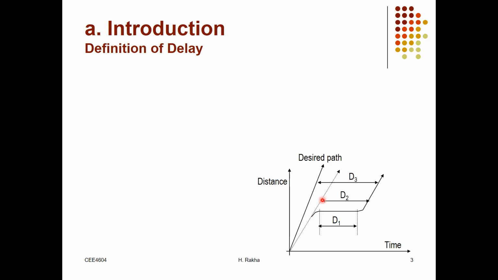But that is not the delay that we're going to be referring to. The delay is going to be D3, which includes the time caused by the traffic signal and the extra time caused by the vehicles on the roadway that are also making me travel slower than what I would want to travel. Is that clear? Any questions?